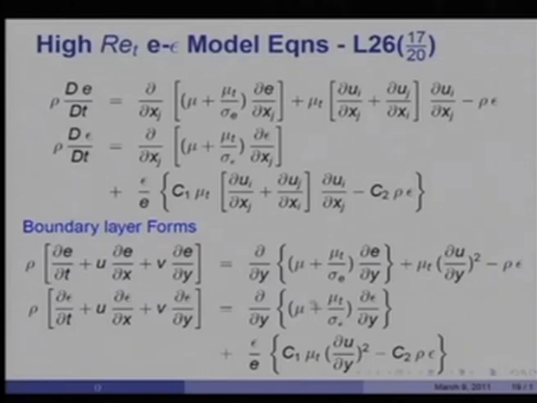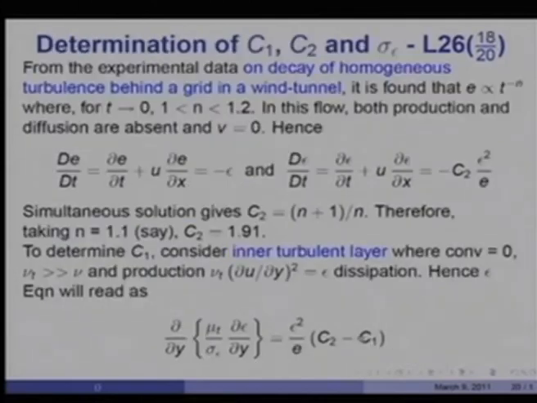Since convection is 0, we will get the total diffusion equal to that term, which we have modeled as epsilon squared equal to, and remember production would now be nu t du by dy whole square equal to dissipation, and therefore, epsilon square by epsilon into C2 minus C1.